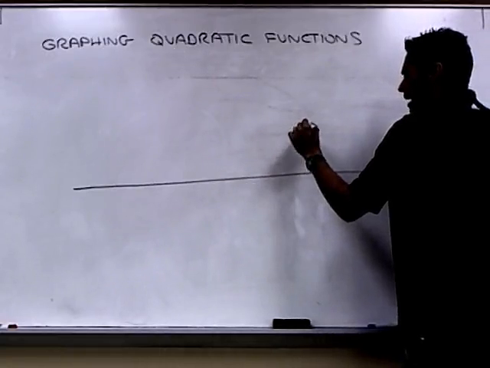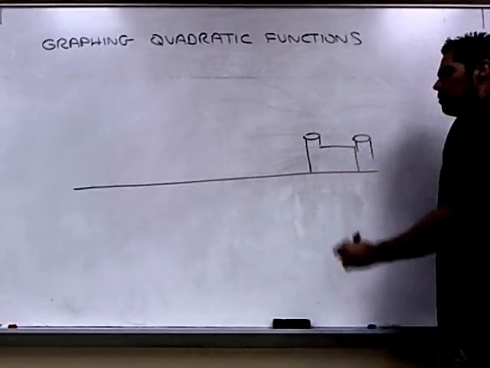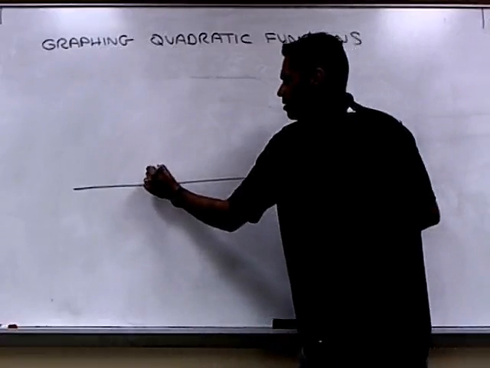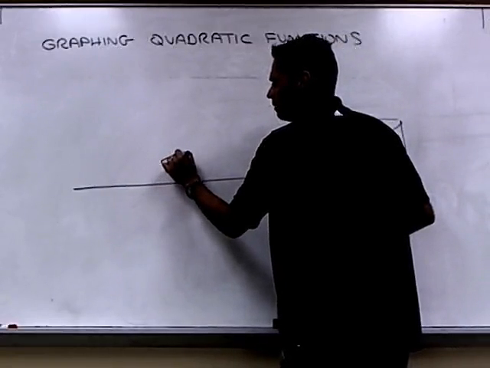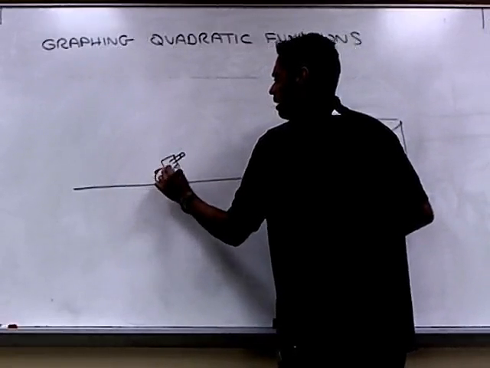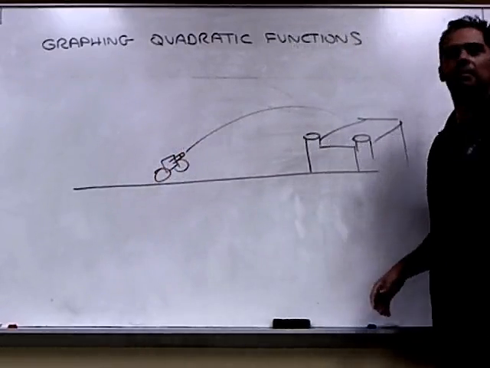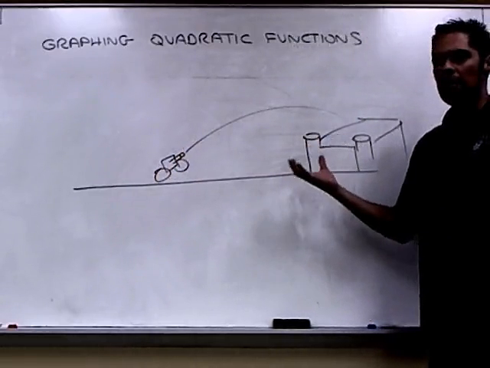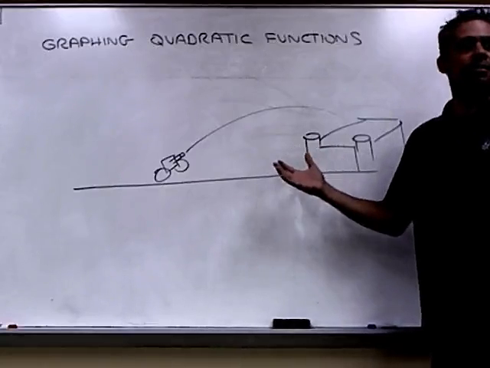Back in the day, if you're just trying to conquer a castle, okay, you've got a castle sitting out there, and you want to launch some artillery piece out here, and you want to launch this thing out there, you can just start lobbing things at it and hope to hit it. But if you've studied the quadratic function, then you no longer have to guess.